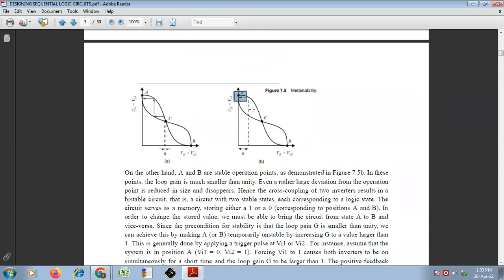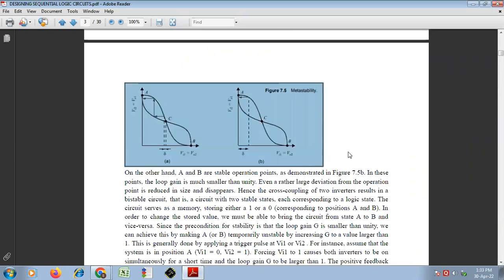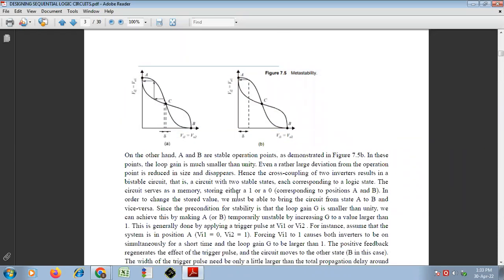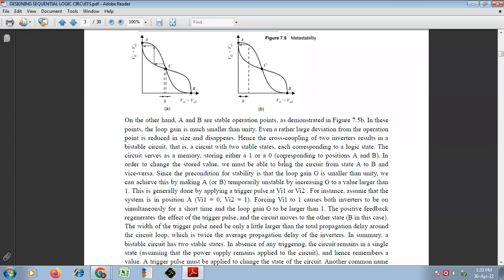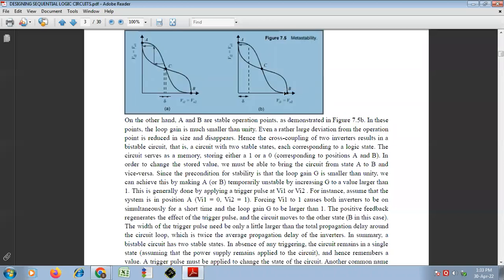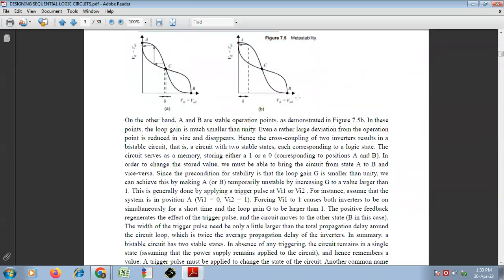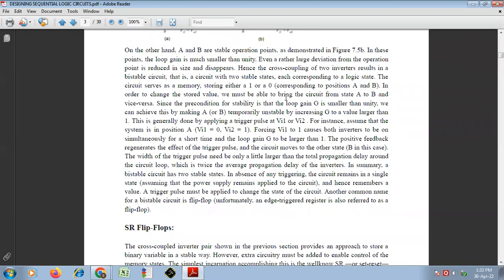This A and B. But by providing a trigger pulse and making its gain more than unity, we are making this point unstable. Already, basically, these are the stable points. We are making that point unstable, and what is the result of making it unstable? It will move from B to A or from A to B.